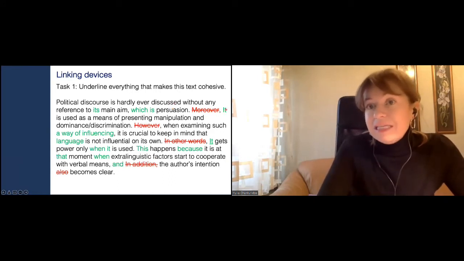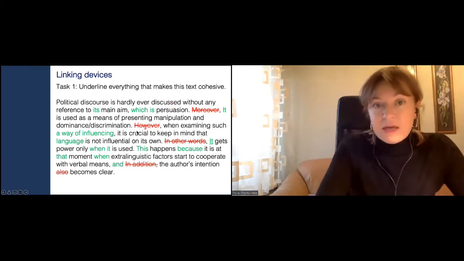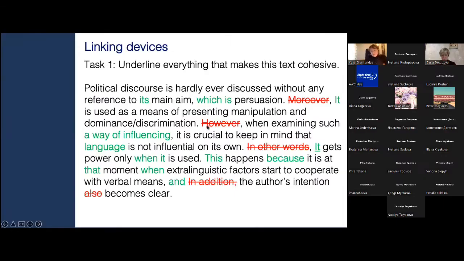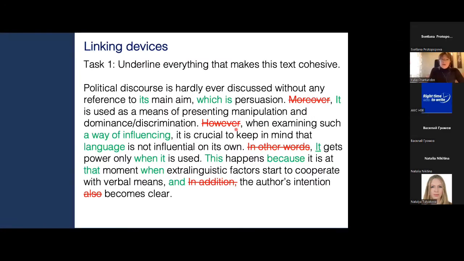I probably don't need moreover here. Here, however, may also not be necessary, since it doesn't really present a contrast. Here we have just the continuation of the thought, which just adds to the previous sentence.